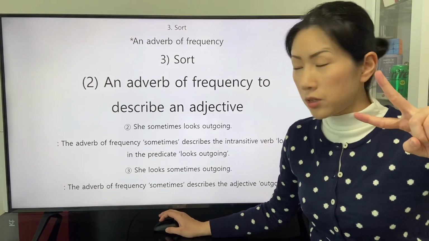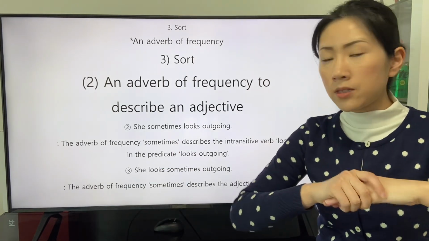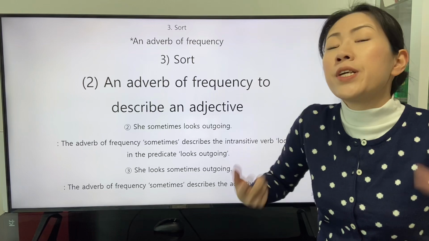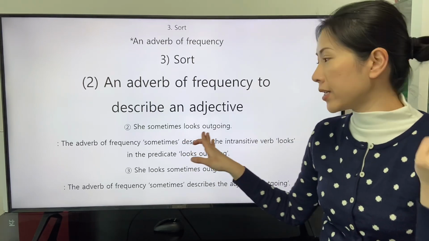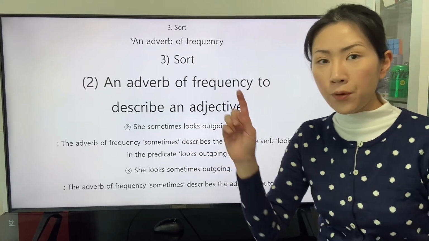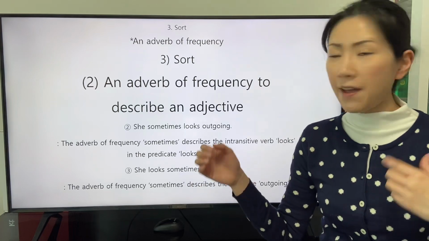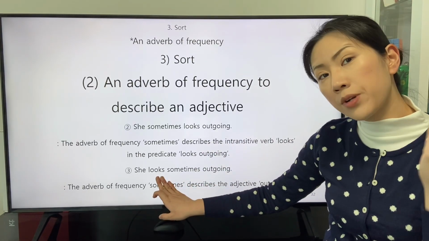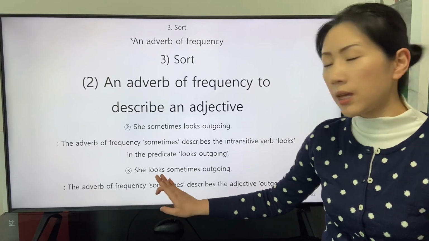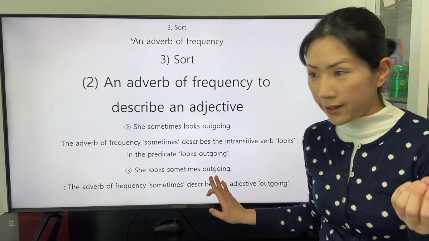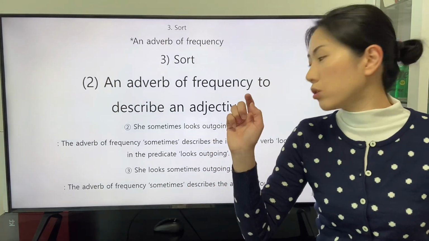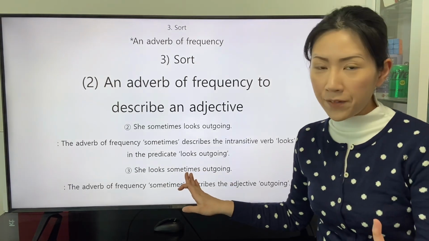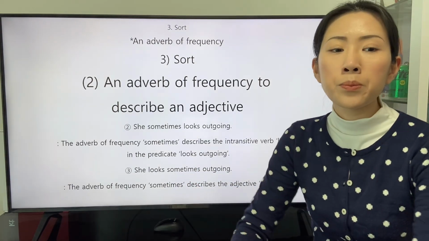There are two clauses. In one, the intransitive verb looks and the adjective outgoing form a consecutive unit of definitions, and in the other, the intransitive verb looks and the adjective outgoing do not form a consecutive unit of definitions.